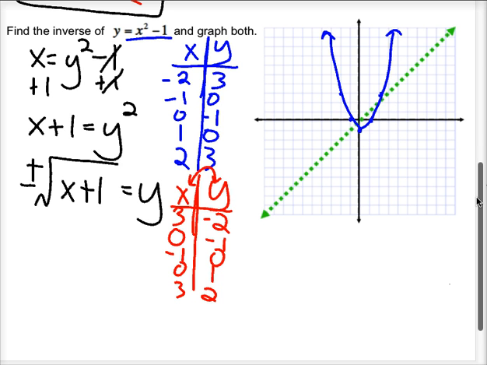So 3, negative 2, 0, negative 1, oh, I'm sorry, I misplotted that. Oh wait, no, sorry, negative 1, 0, 0, 1, and 3, 2.